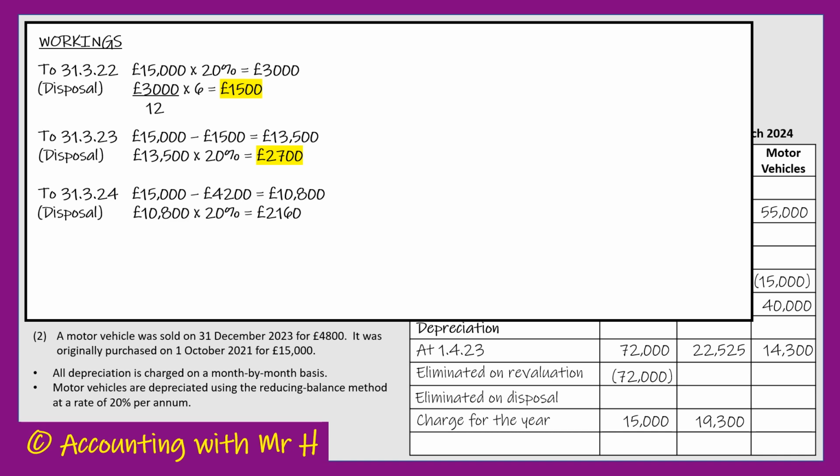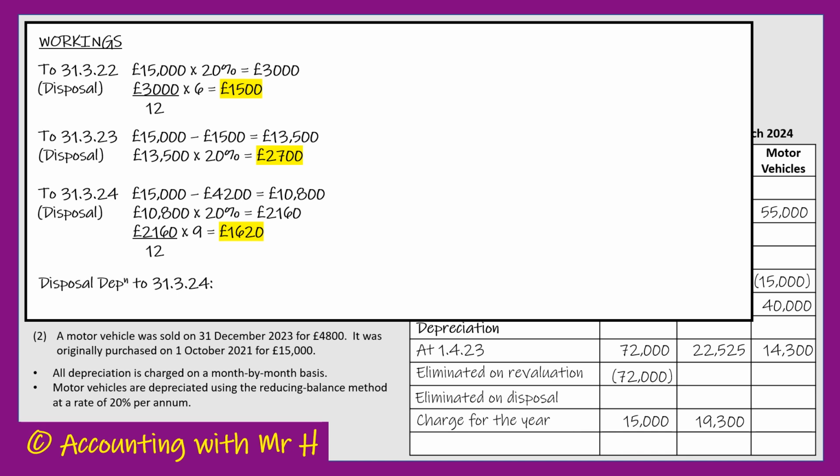So they would have owned it for April, May, June, July, August, September, October, November, December. 9 months of this financial year. So the 2,160, I'm going to divide that by 12 months, multiply it by 9, and that tells me the charge for this year would have been £1,620.